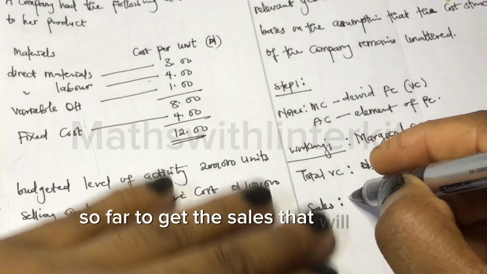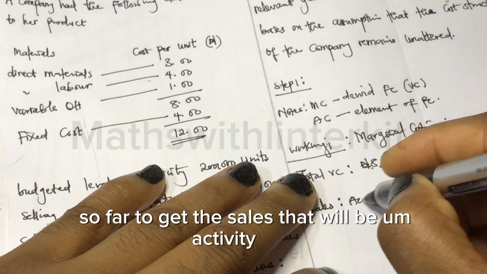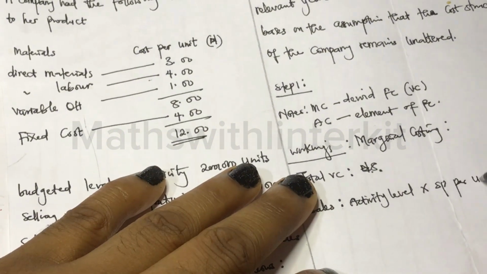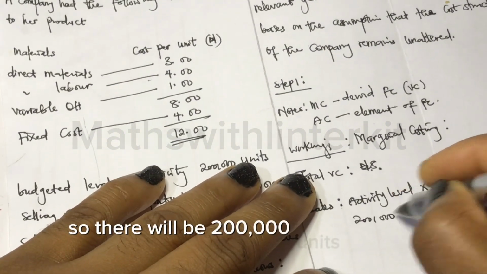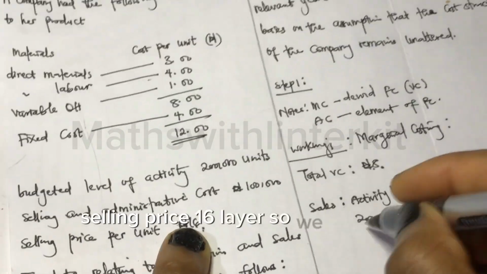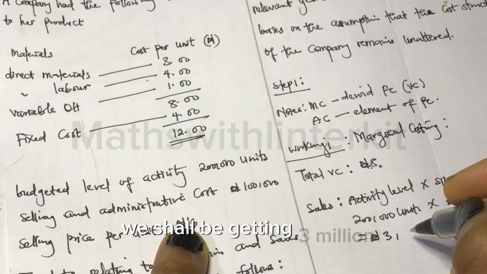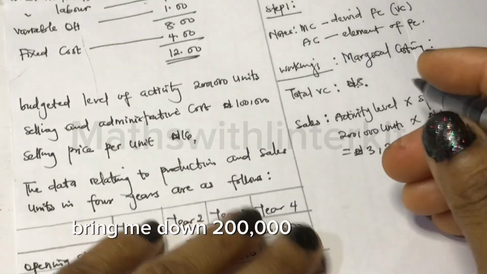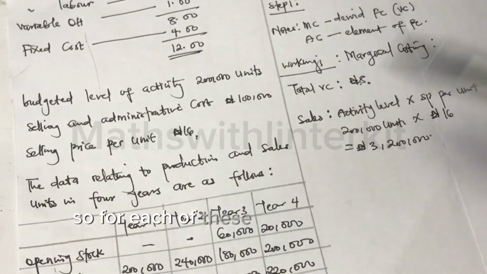For us to get the sales, that will be activity level times the selling price per unit. So that will be 200,000 units times selling price 16 naira. So we make use of the calculator. You shall be getting 3,200,000. So we can now solve for each of the years proper.